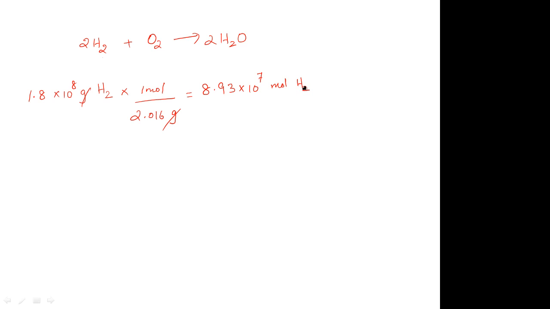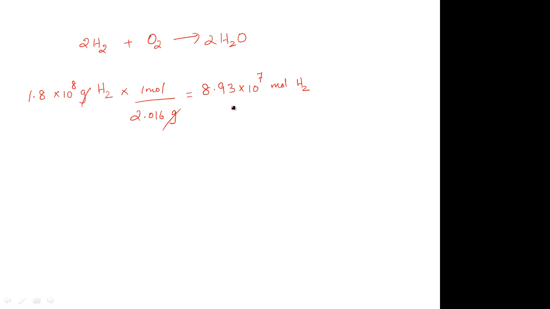Okay, now the question is, how many grams of water will be produced? So first we need to find out how many moles of water will be produced. Look at the balanced equation. What does it tell you? The ratio between hydrogen and water is 2 to 2, or 1 to 1.